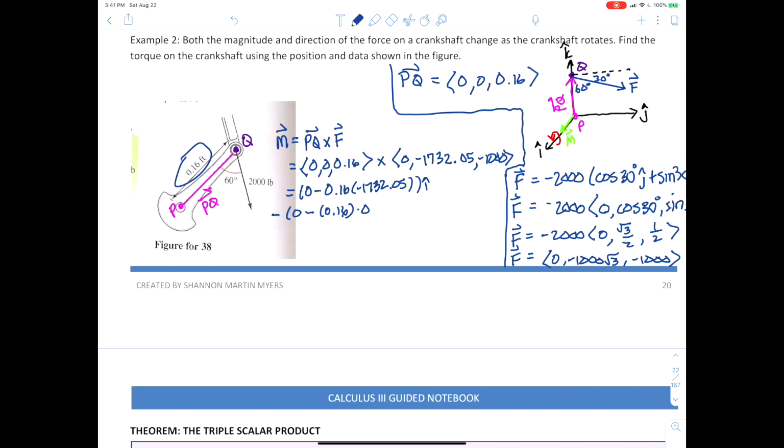And that'll zero out. And that's times our J. And then we'll have plus the first one would be 0 again. And then we'll have minus 0, K.